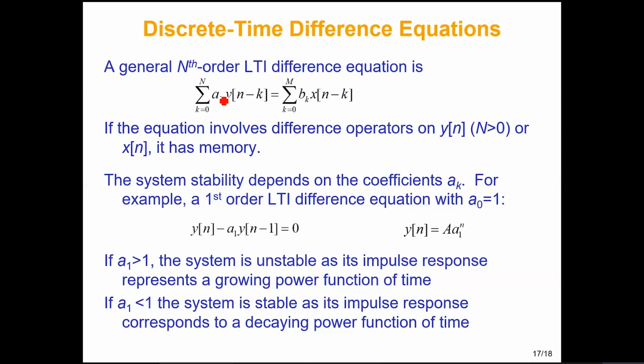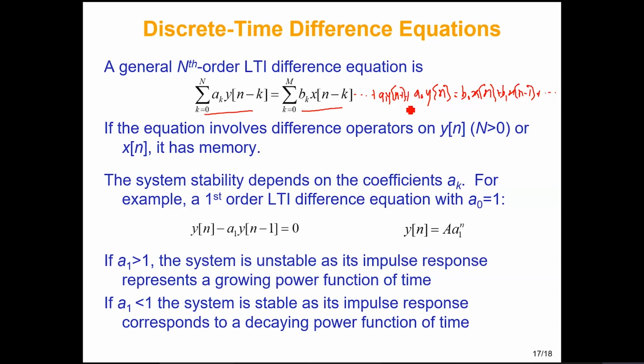Similarly, if you talk about a difference equation, we can group all the y terms on the left hand side and all the x terms on the right hand side. So let's say we have this A0 y of n, and here we have A1 y of n minus 1, and all these terms here equal to B0 x of n plus B1 x of n minus 1 and other terms.